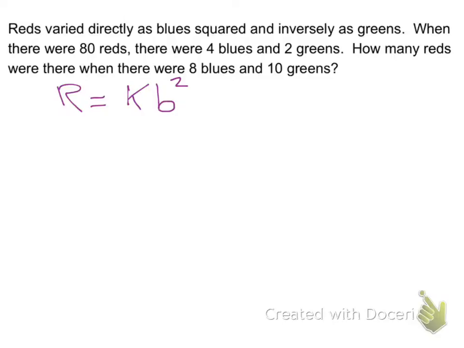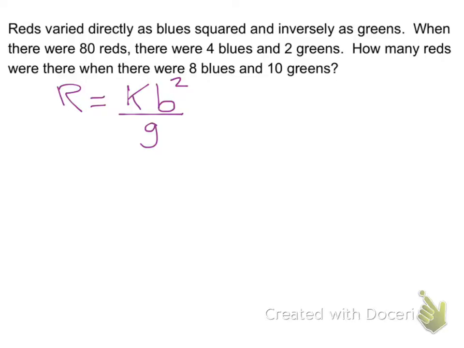That's directly. R, the number of reds, varies directly with the blues squared. But it says and inversely as greens. So to combine them together, the greens are on the bottom. This is our equation.